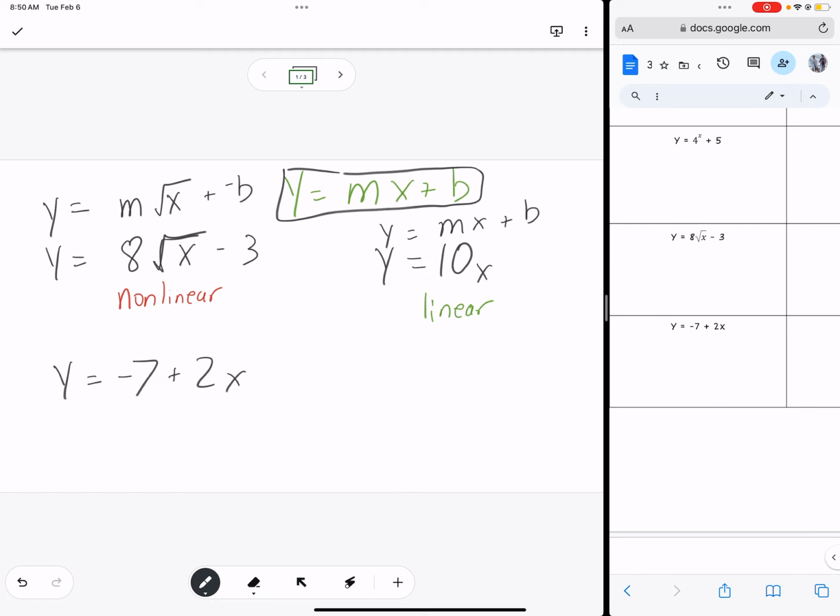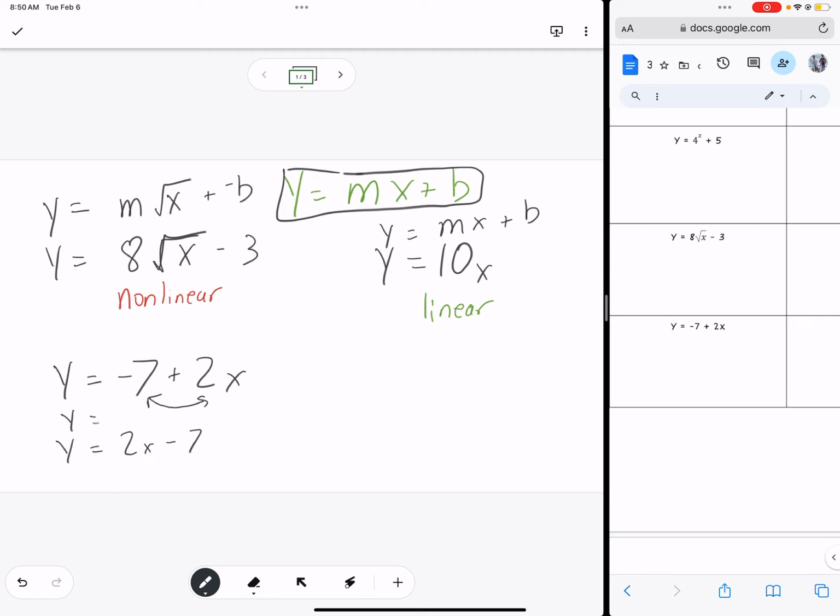So if I take a look at this x, it doesn't have an exponent, and it doesn't have a square root. So right off the bat, I'm thinking, okay, this may be linear, but it's not necessarily in that perfect y equals mx plus b. Well, is there a math property that allows me to switch these? Yes. The commutative property allows you to switch addition and actually technically subtraction problems. So we can actually switch it to y equals 2x minus 7 using the commutative property of addition.